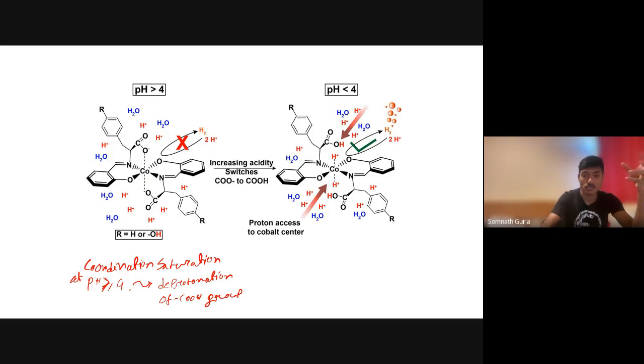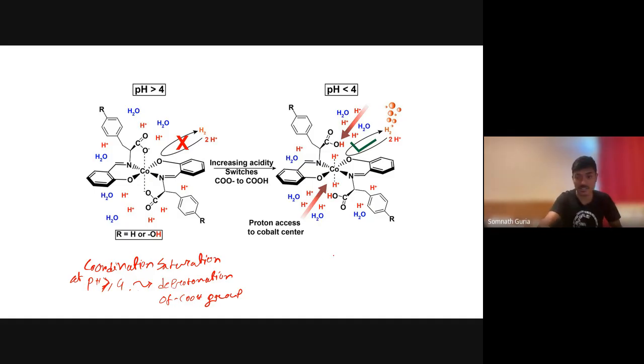There, a hydrogen proton can bind at the low valent cobalt center, that is the cobalt 1, and they can produce the hydrogen.